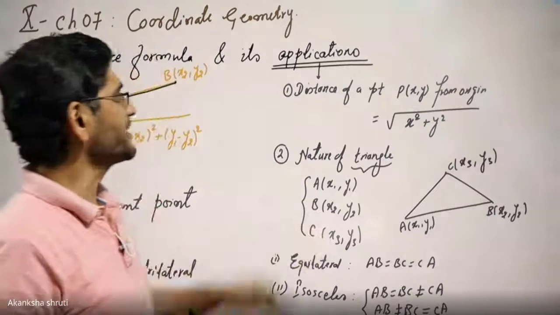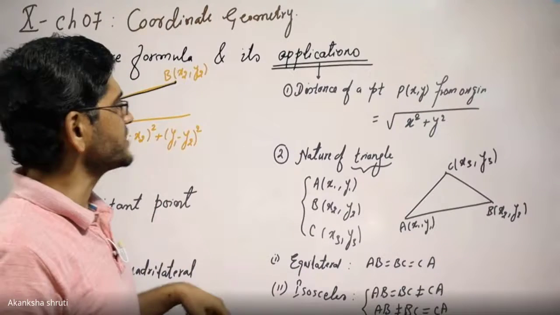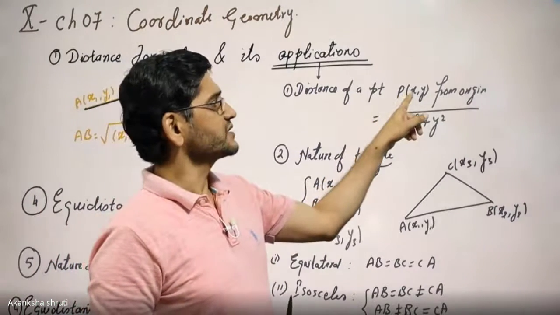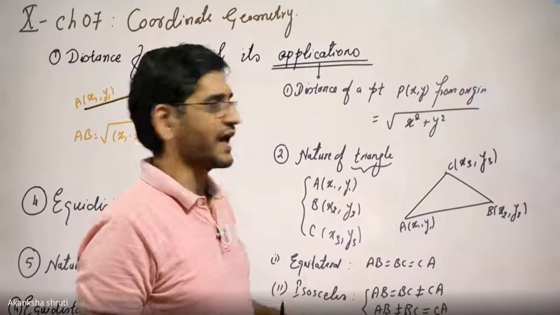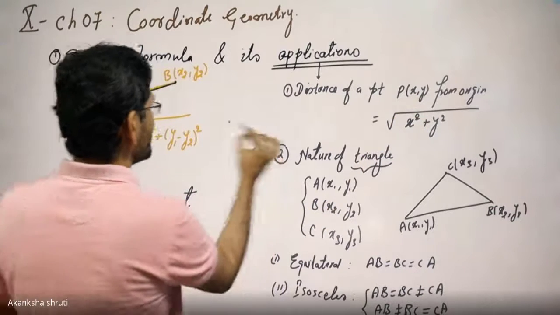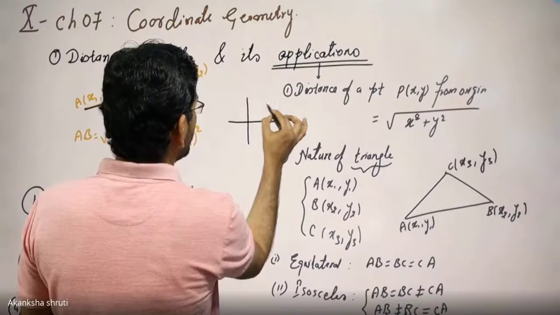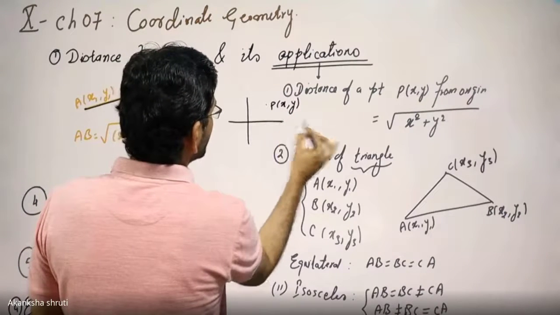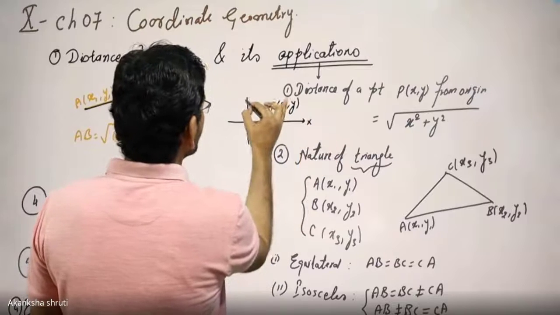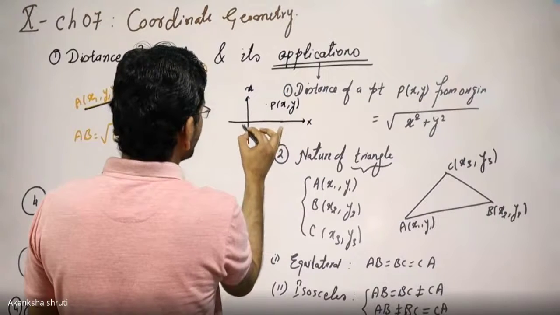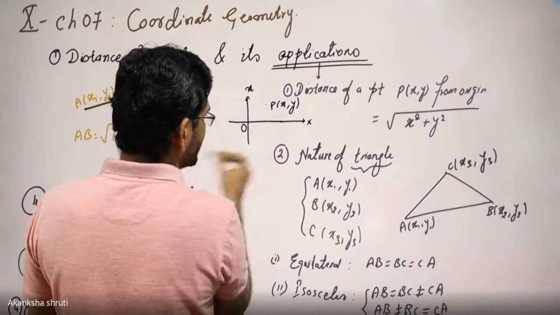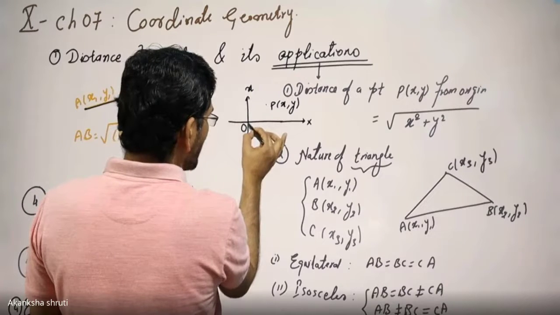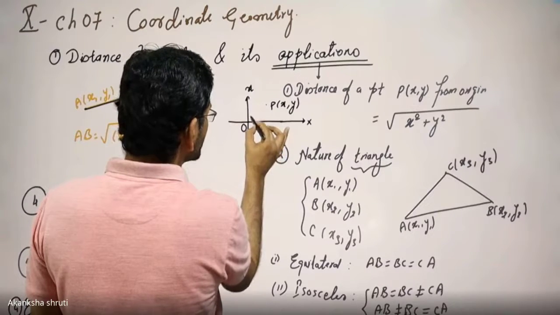The first application of this distance formula is that the distance of any point from the origin can be calculated. It's very simple. If we consider a point P(x, y) in any coordinate system, and we consider the origin, its coordinates are 0, 0.